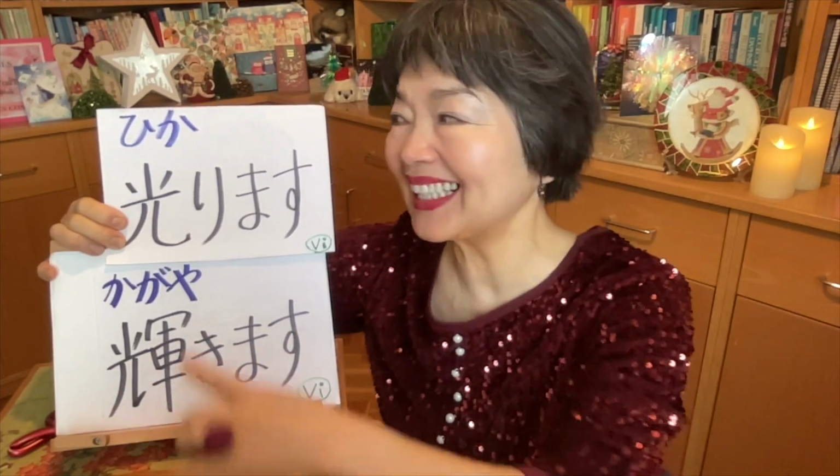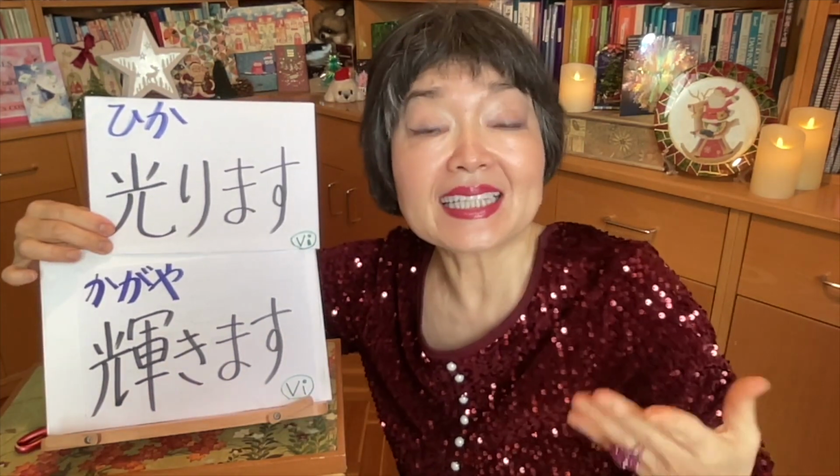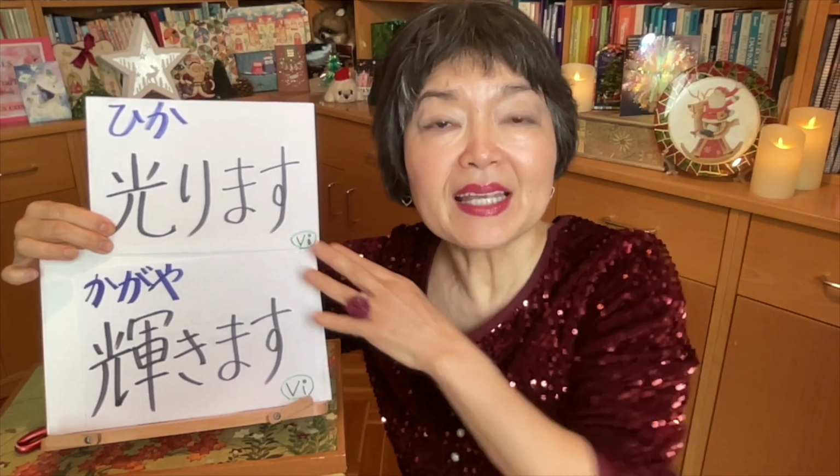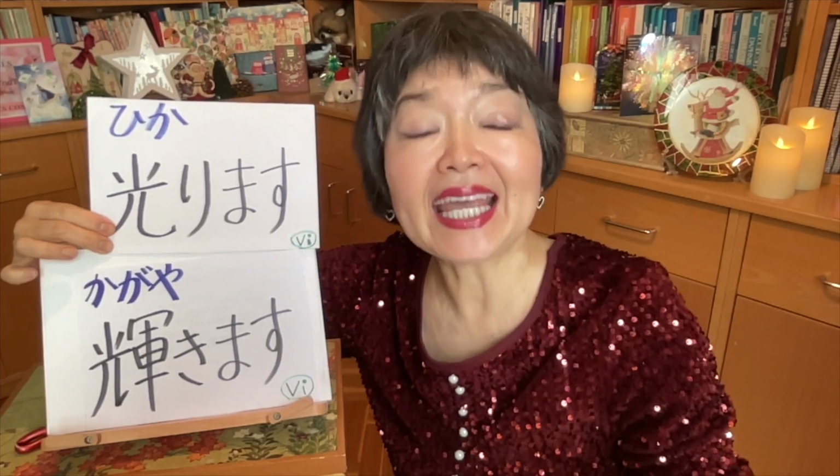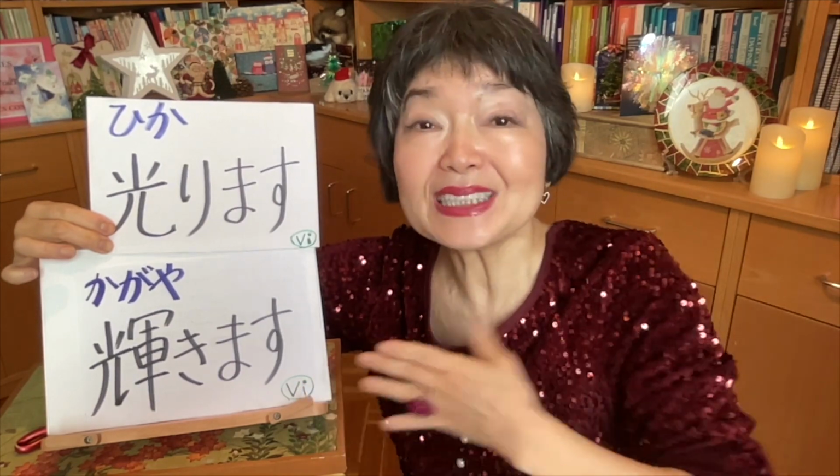So kagayakimasu is much more light than hikarimasu. Hikarimasu is only to emit light. And 光ります you can use in a very positive way and also a negative way too. But 輝きます is always with a positive feeling.